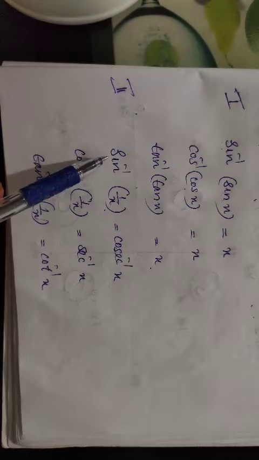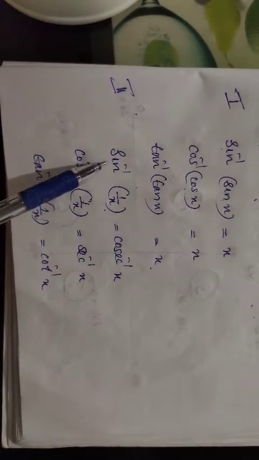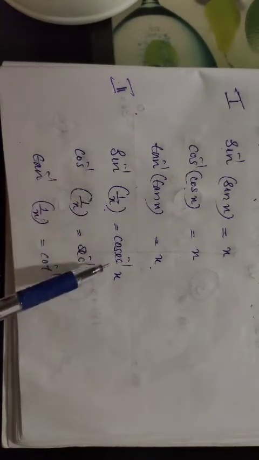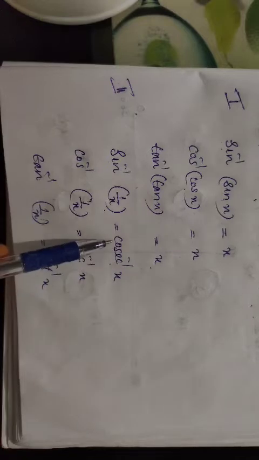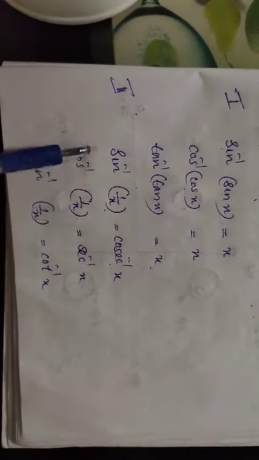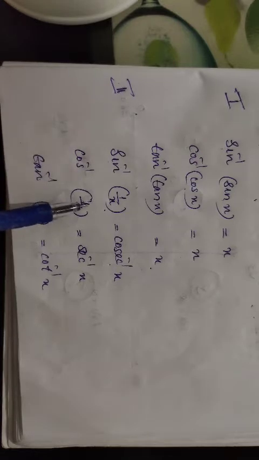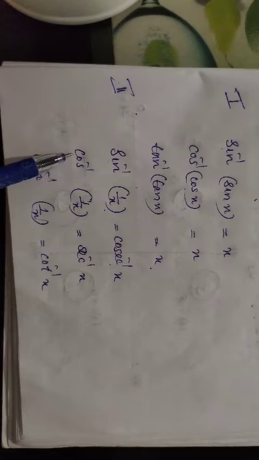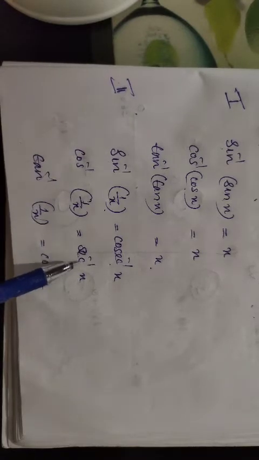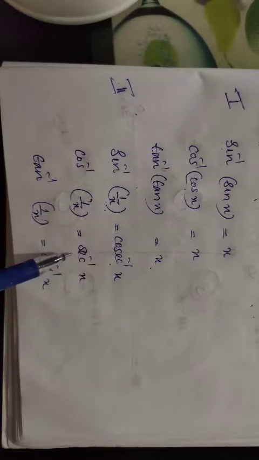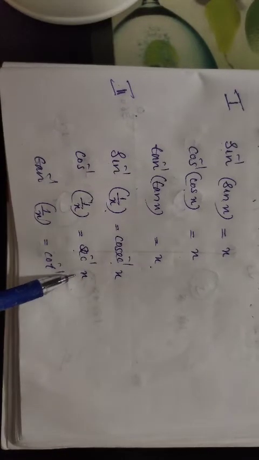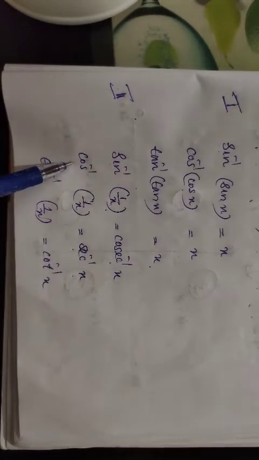What is the reciprocal of sin? Cosec. And sin inverse 1 by x is cosec inverse x. Or cosec inverse 1 by x is sin inverse x. Similarly, cos inverse 1 by x means the reciprocal of cos inverse x. Which is the reciprocal of cos inverse x? Sec inverse x. Or we can say that sec inverse 1 by x equal to cos inverse x.